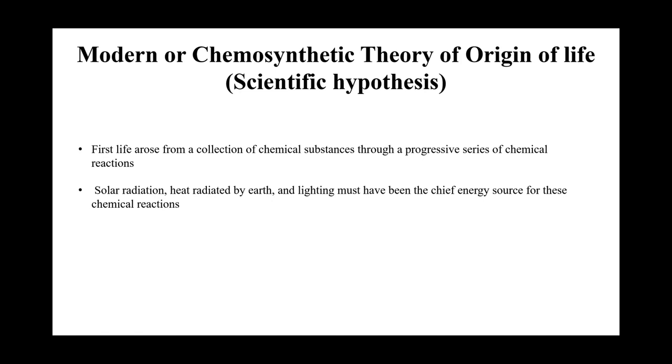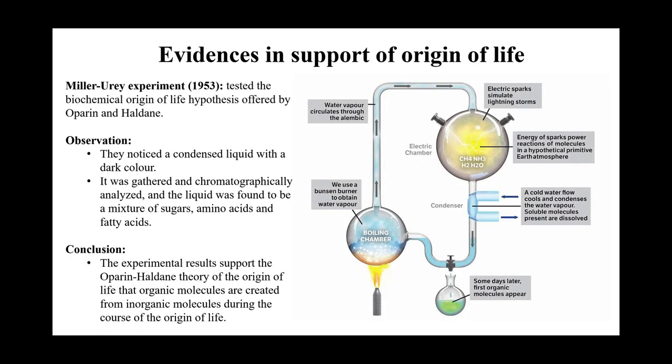We'll go over it. The experiment that actually gave rise to this thought was the Miller and Urey experiment. There were Oparin and Haldane, who had said that the origin of life is biochemical in nature.